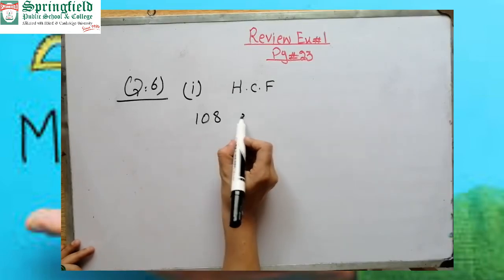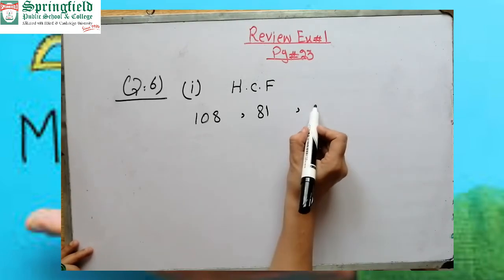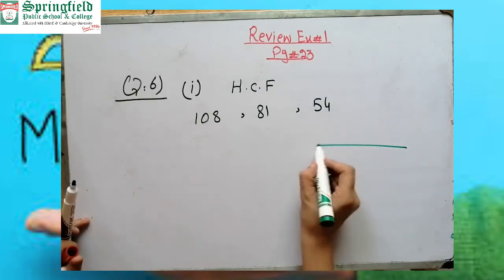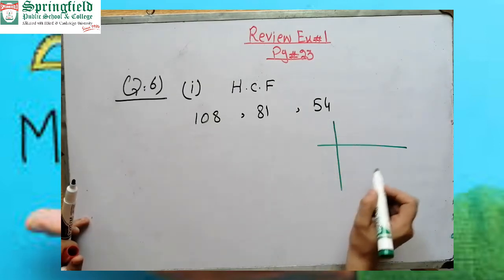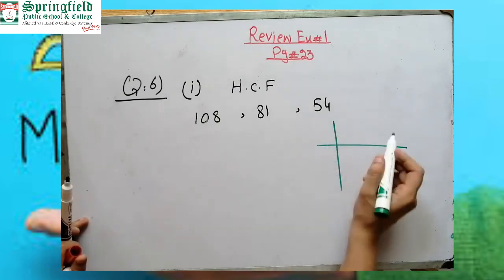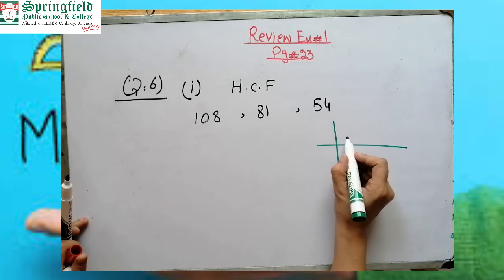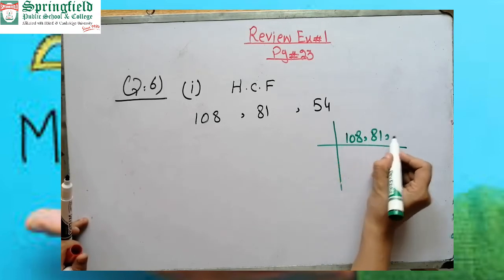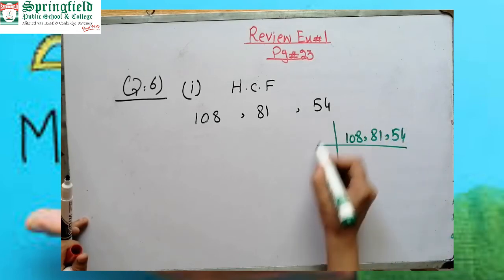108, 81 and 54, we will find the HCF. It means we will find the factors of all the numbers, 81 by the prime factorization procedure.